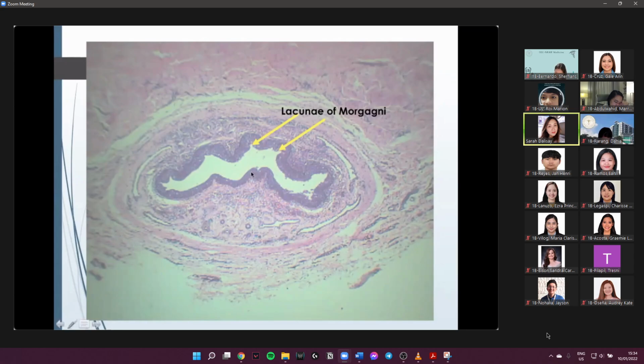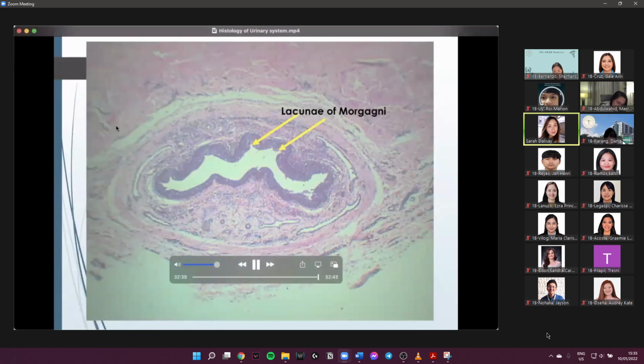Again, you have the mucosa, which includes the lining epithelium and the lamina propria, followed by your tunica muscularis, and at the outermost, again, you have your tunica adventitia. So that all in all makes up our orientation for today, unless you have any questions.